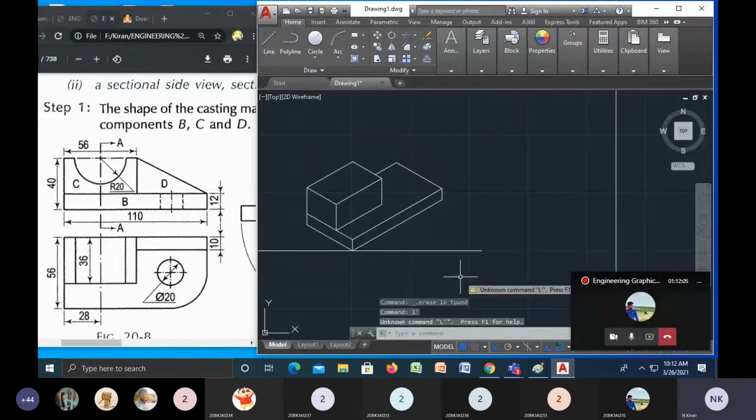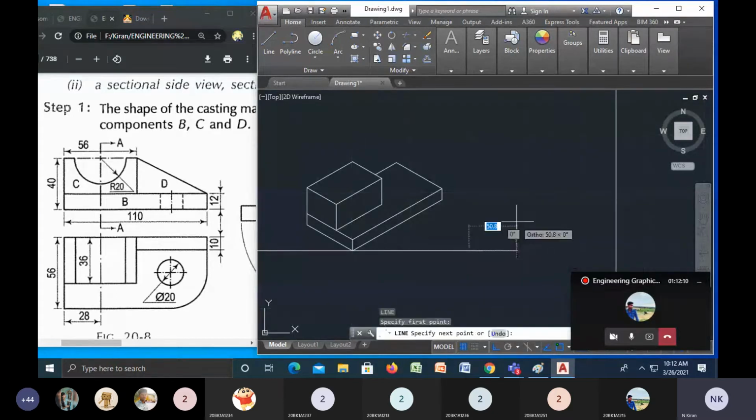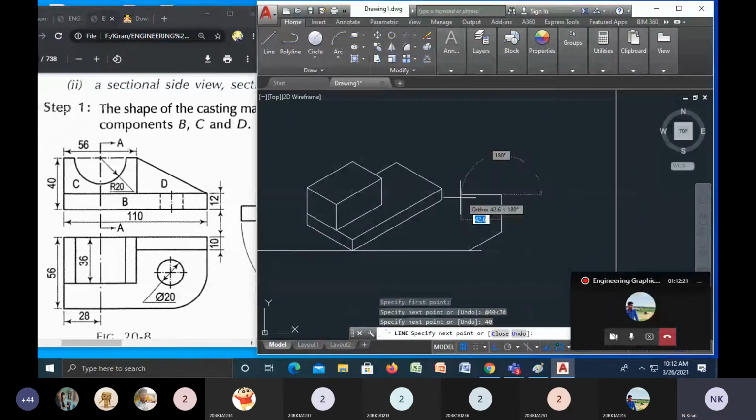L enter. L enter from this point. Shift at the rate 40. 40. Enter, and from this point shift at the rate 40, angle 150, 210. C enter, right.